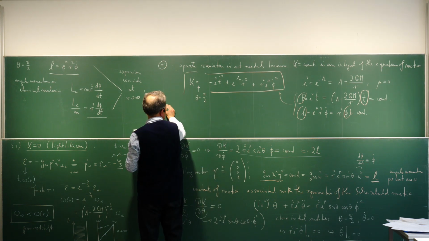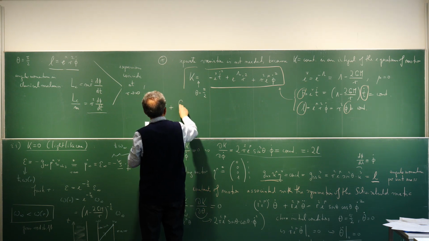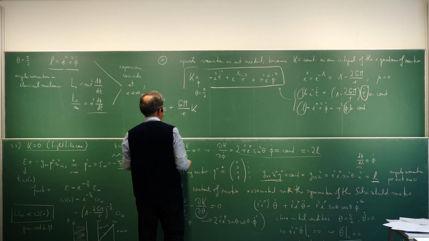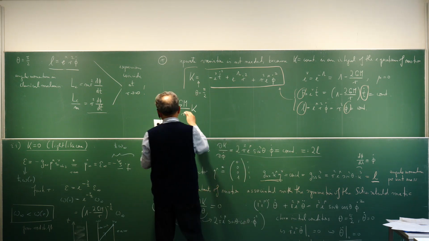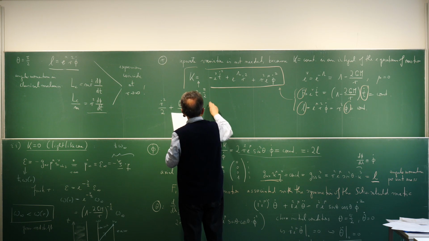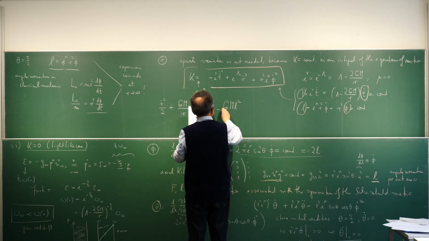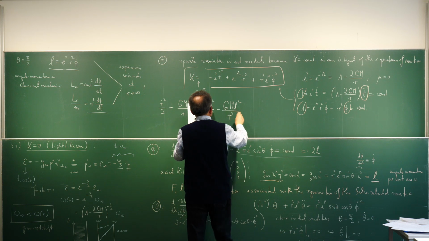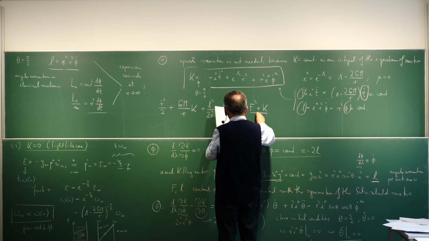So we then have r dot squared over 2 plus GM over r times k, of course I multiplied by appropriate factors to put it in that way, plus L squared over 2r squared minus GM L squared over r cubed is F squared plus k over 2.